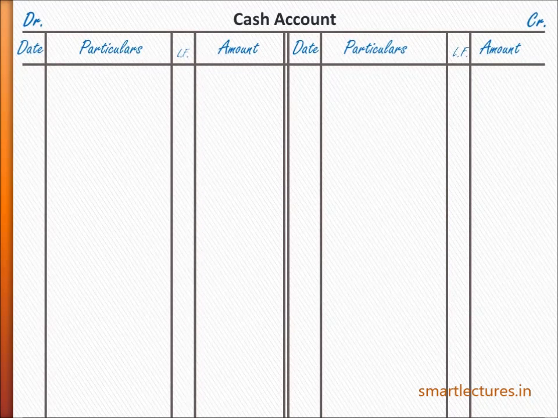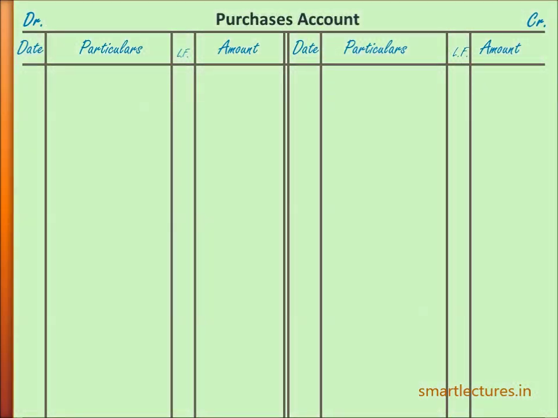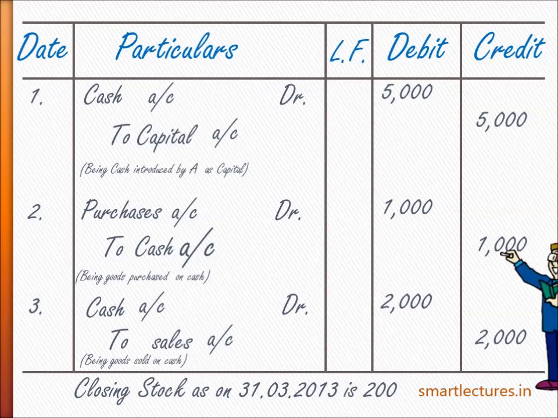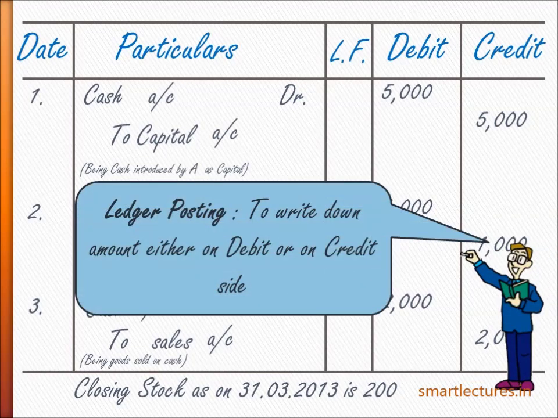So draw the journal entries for ledger posting in T style: cash account, capital account, purchase account, and then sales account. Now we are going to start ledger posting. Ledger posting means to write down the amounts either on the debit side or on the credit side.